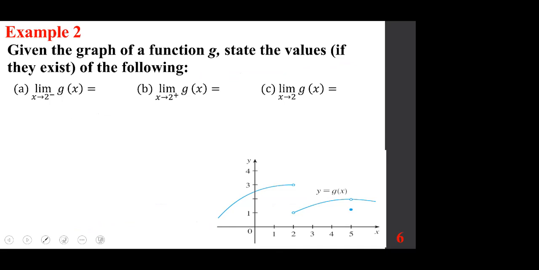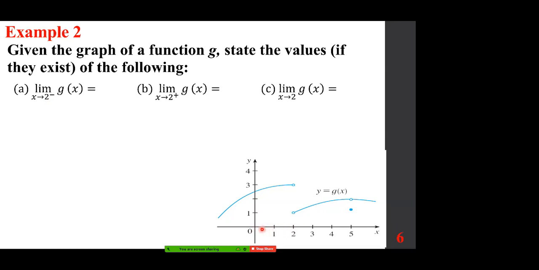We have the graph, and we want to come up with the following. Again, I'm assuming everybody is comfortable with the graph and following along. So here's what's happening. What is the limit of g of x as x approaches 2 from the left? So you locate the 2 along the x-axis.